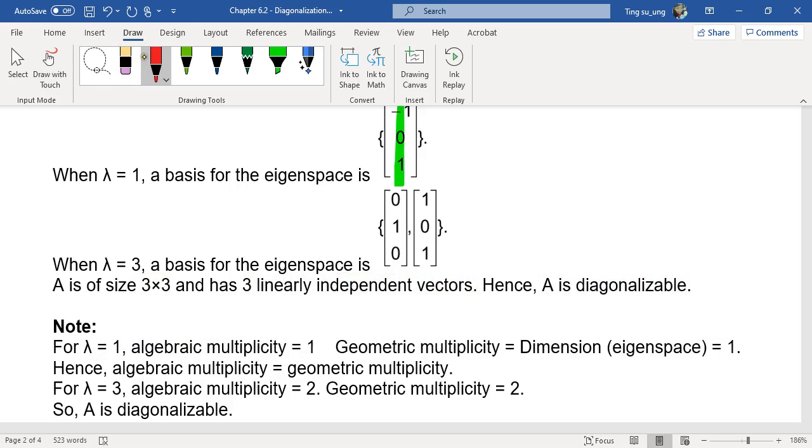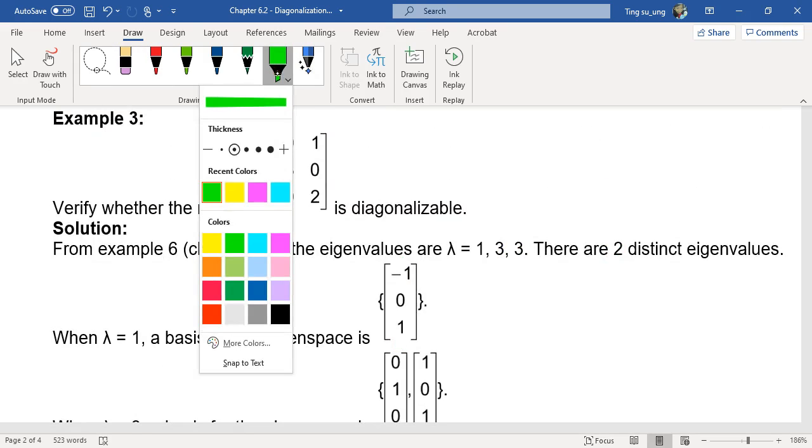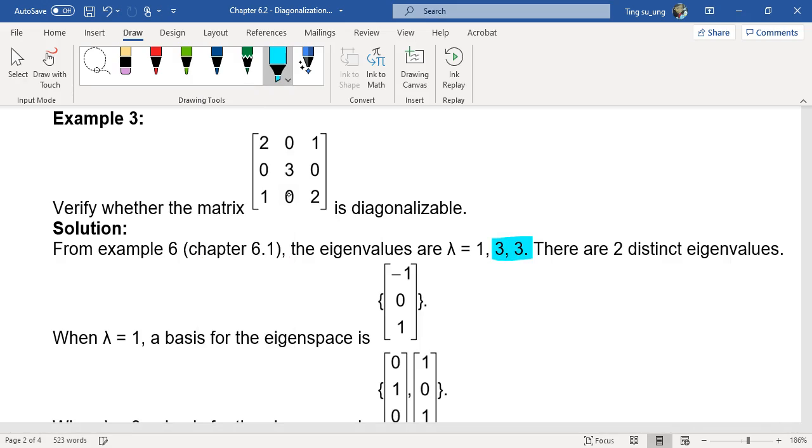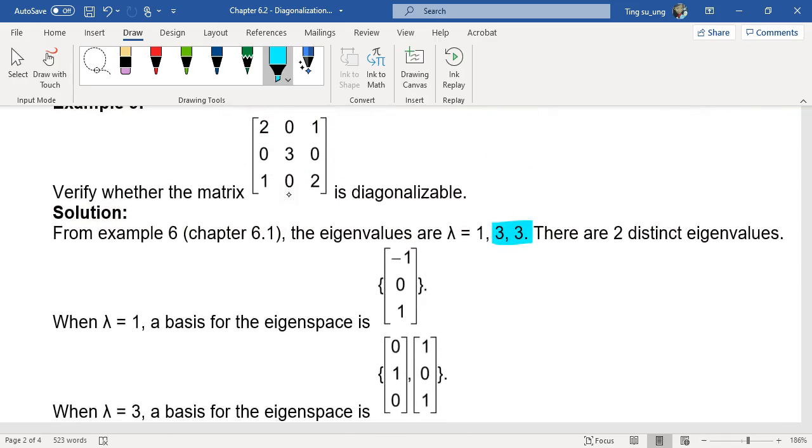So you see, for lambda equals 1, your algebraic multiplicity is 1, and your geometric multiplicity is also 1. See that? So it shows that it is the same. Same goes when you check again when lambda equals 3. I use a different color. So, the algebraic multiplicity, you have twice, right?